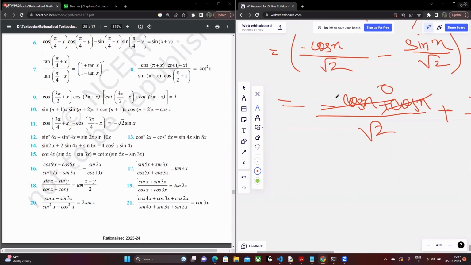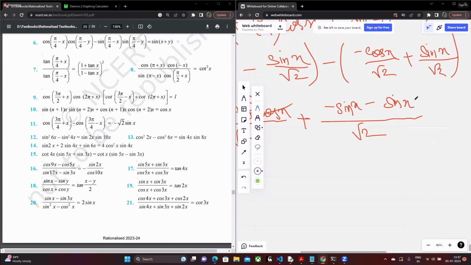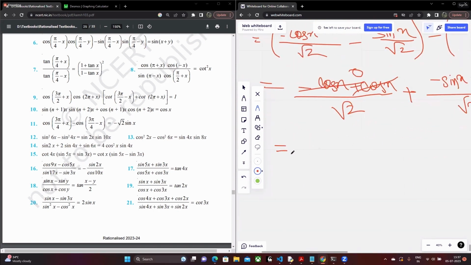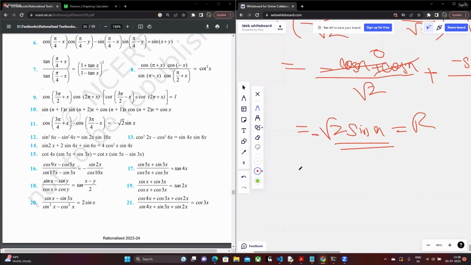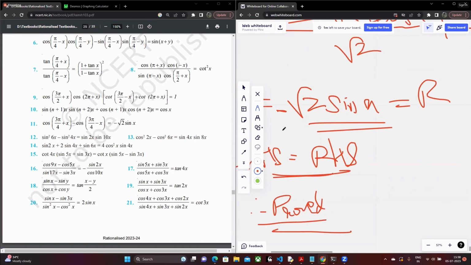And this is going to be minus 2 sin x by root 2. Since 2 by root 2 is basically root 2, I will write this as minus root 2 times sin x, which is the RHS. Therefore, I can say that LHS is equal to the RHS. Therefore, I have proved the statement. That's question number 11.